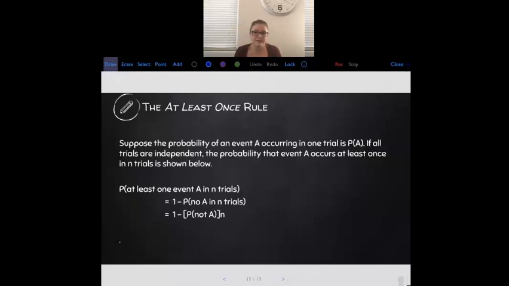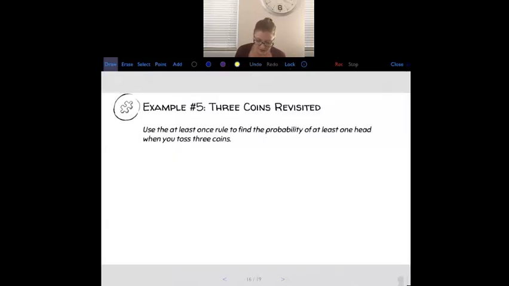Sometimes it's easier to figure out the probability of no heads or not happening and then do 1 minus that probability. So that is what this at least once rule is telling us here, that if we want to know the probability of at least one event happening, we can take 1 minus the probability of it not happening.